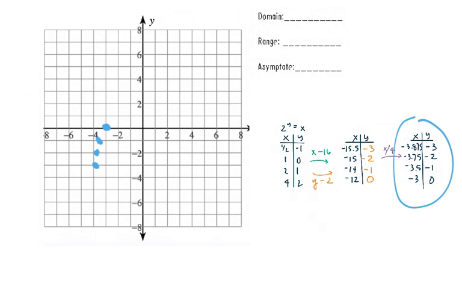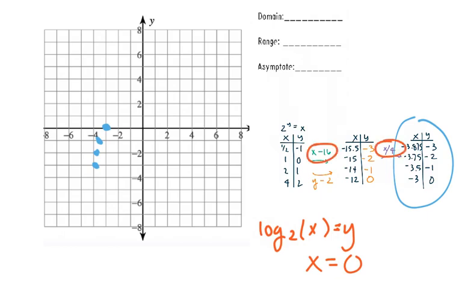In addition to knowing the general shape, we always want to put the vertical asymptote, or horizontal if it was exponential, in place to give us a guideline of what our curve is going to look like. Okay, so remember, with a normal function, if it was just log base b of x equals y, its vertical asymptote would be x equals 0. Okay, but look at these transformations we applied to all of the x's.